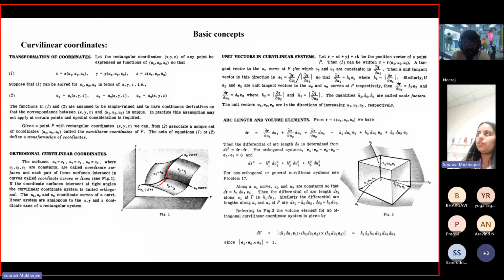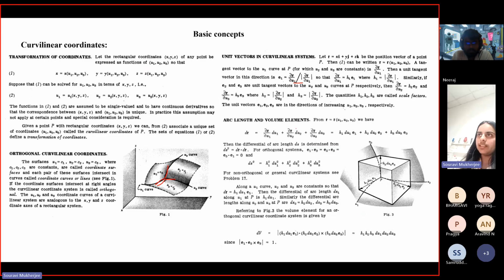And you want the unit tangent vector, so you divide by the magnitude. This gives you the unit vector in the direction of the tangent along this line. Similarly, you can do it for the two other curves as well, right?